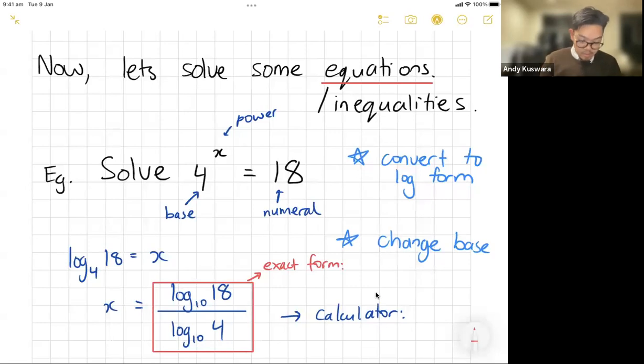And the answer to that will be roughly 2.08496, and so on. So that gives me an exact value. And if you think about it, 4 to the power of 2 will give you 16. So it makes sense that log base 4 of 18 needs to be slightly larger than 2, which is exactly what we got. Cool, kind of makes sense.